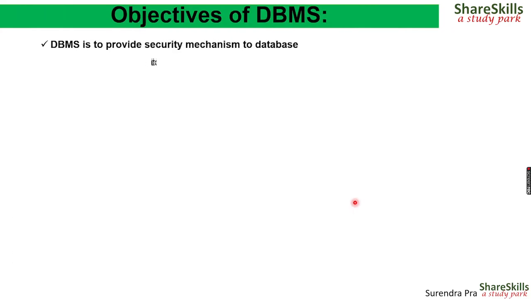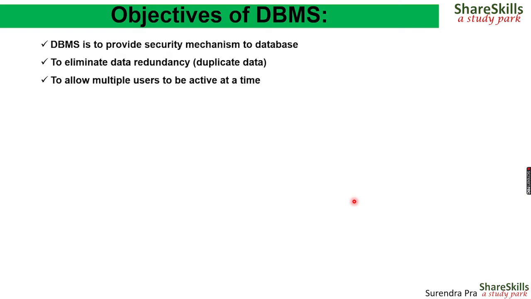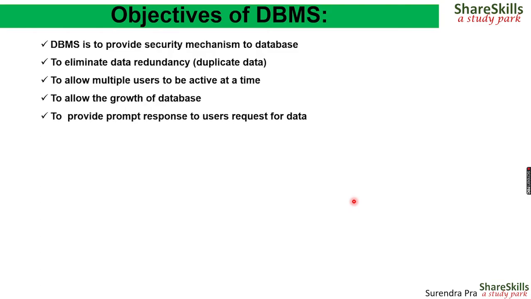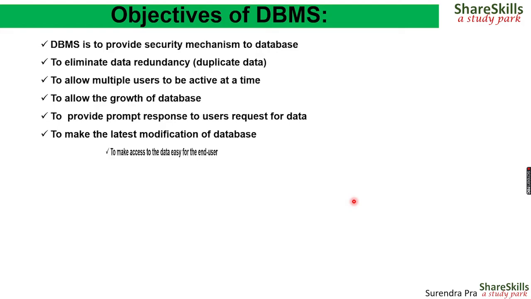So objectives of DBMS, also we can go like this: a DBMS provides security mechanisms to the database, to eliminate data redundancy, we have already talked about duplication of data, to allow multiple users to interact at the same time, to allow the growth of the database, to provide prompt response, immediate response to the users for data accessing or updating or some queries, to make the latest modifications of data easy to modify, to make access to the data easy for the end user, meaning the last user, those who are using that data.